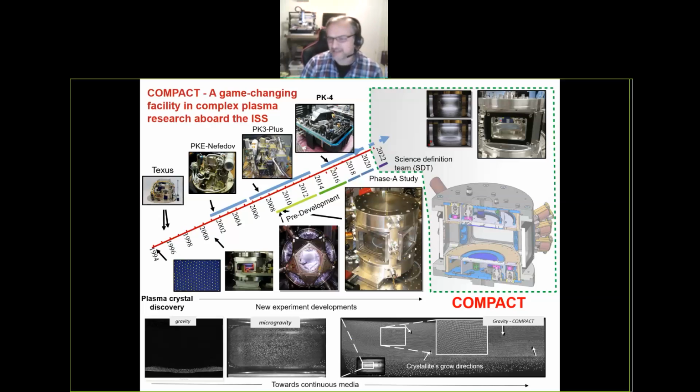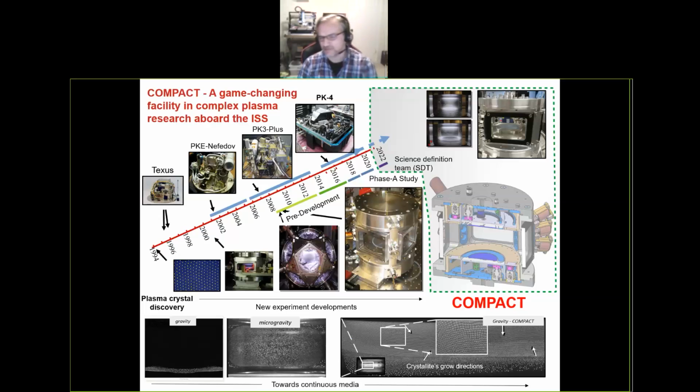The COMPACT system is now roughly 12 years ahead in technology compared to the PK-3 Plus, and therefore there is a tremendous impact on what can be done with the system, what data rate you get, and all the technology we put in the original design.